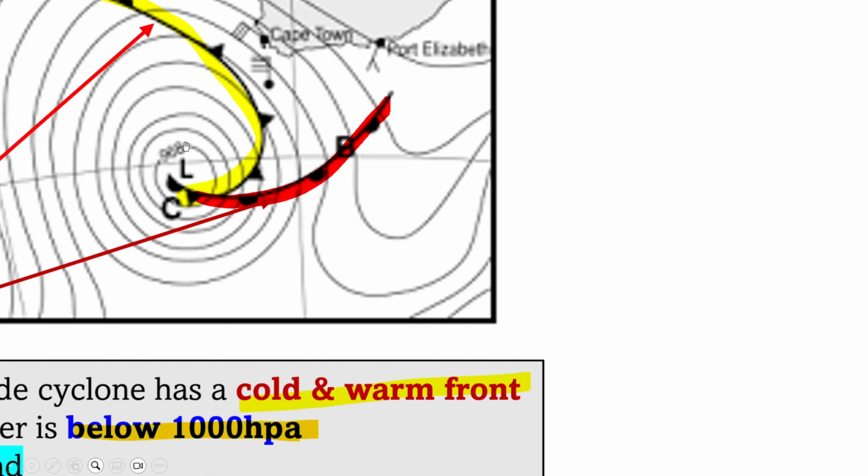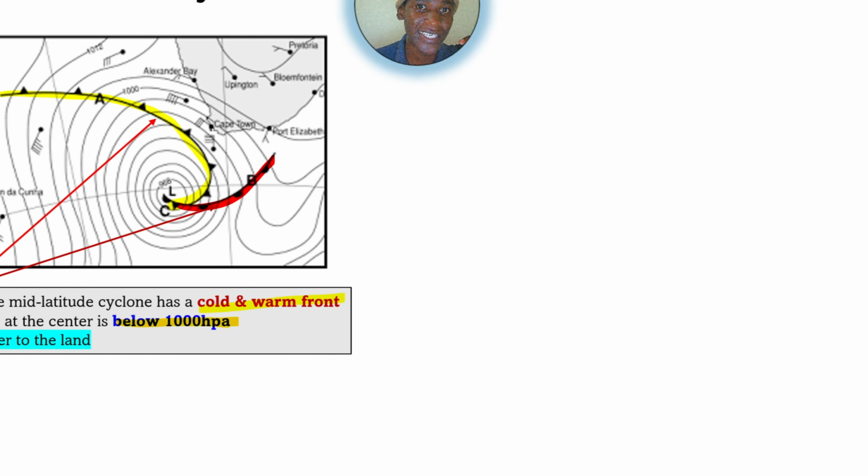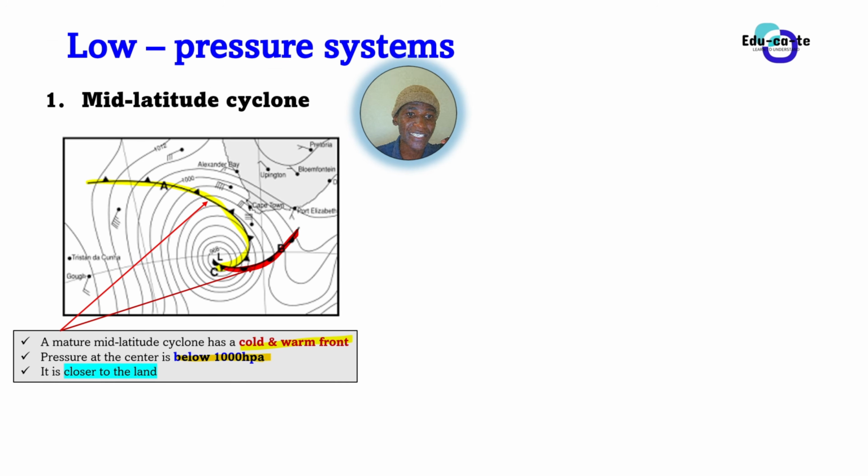In this one, I'm not sure if it is clear, but this is 988 hectopascals. The lowest pressure found at the center of a mid-latitude cyclone must be below 1000. So this 988 tells us that the low pressure system is a mid-latitude cyclone because it has a low pressure that is below 1000 hectopascals.